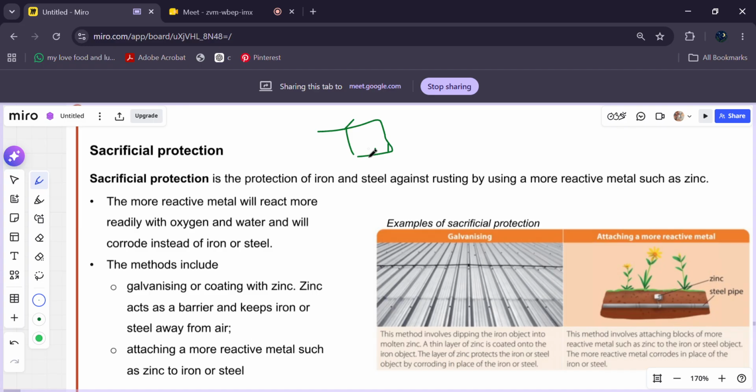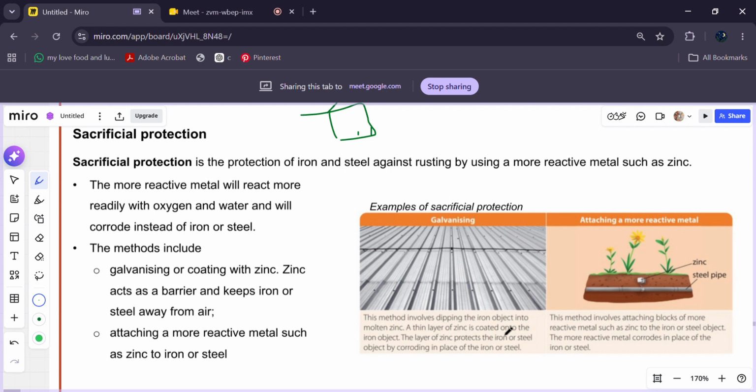Zinc acts as a barrier and keeps the iron or steel away from the air, and we attach a more reactive metal such as zinc to iron or steel. Zinc is more reactive than iron, so it has a higher tendency to form positive ions.